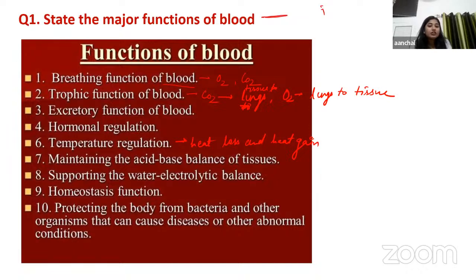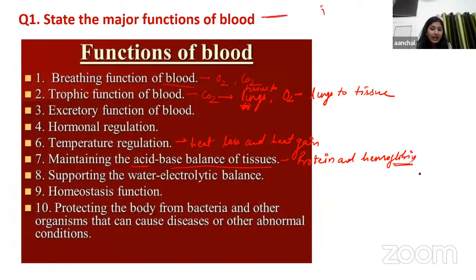Next, we have the function that it helps in maintaining the acid-base balance of tissues. We know a very important content, that is plasma protein, right? So plasma protein and also hemoglobin, because hemoglobin also has a protein, that is globin.